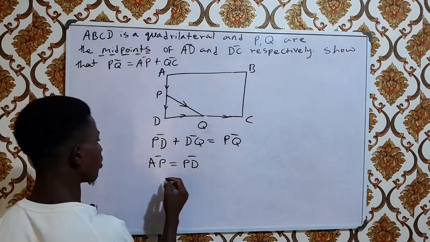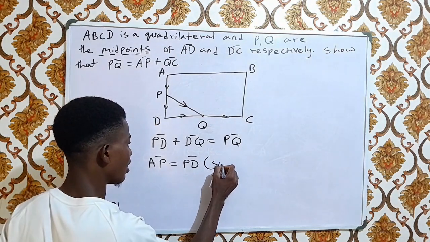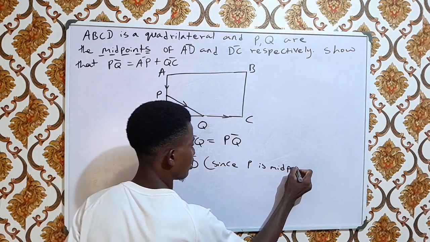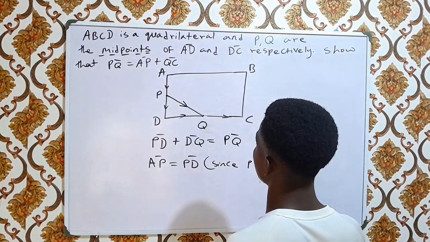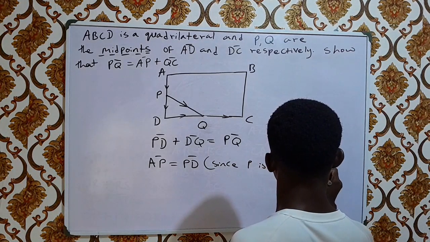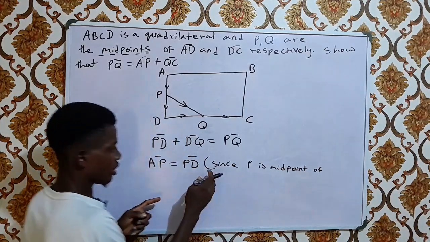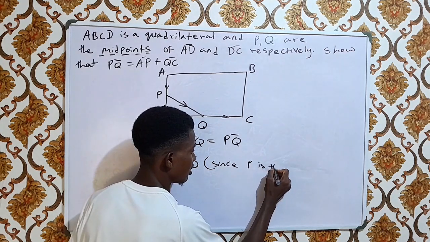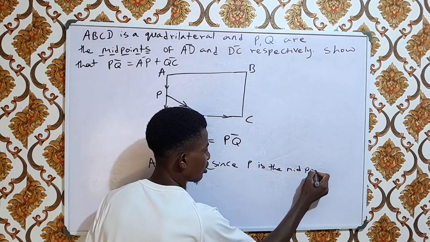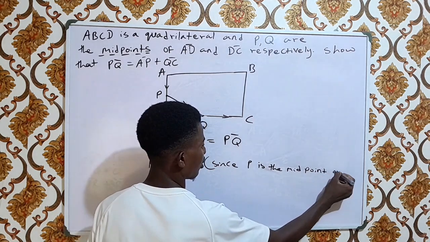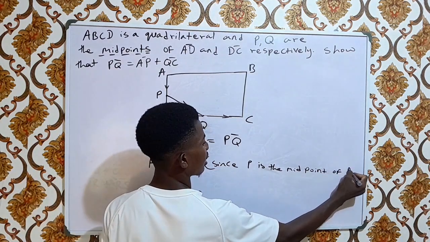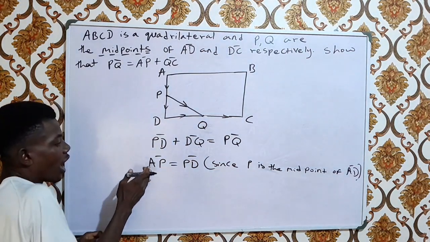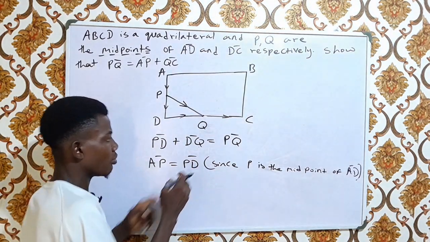Since P is the midpoint of AD, AP is equal to PD.